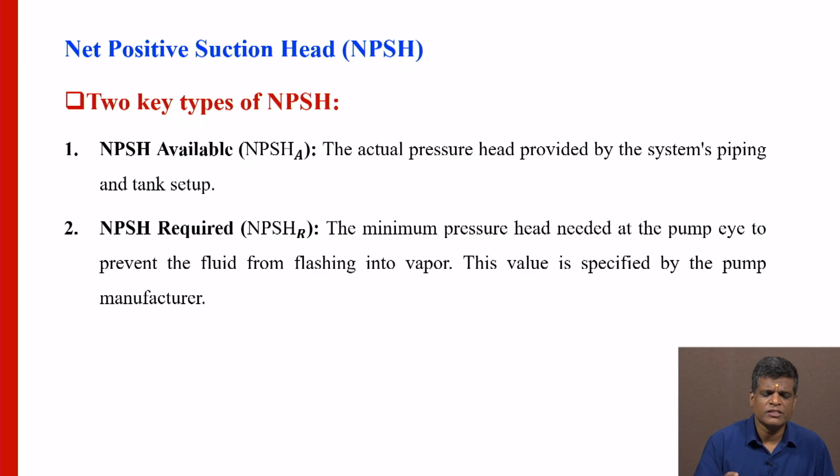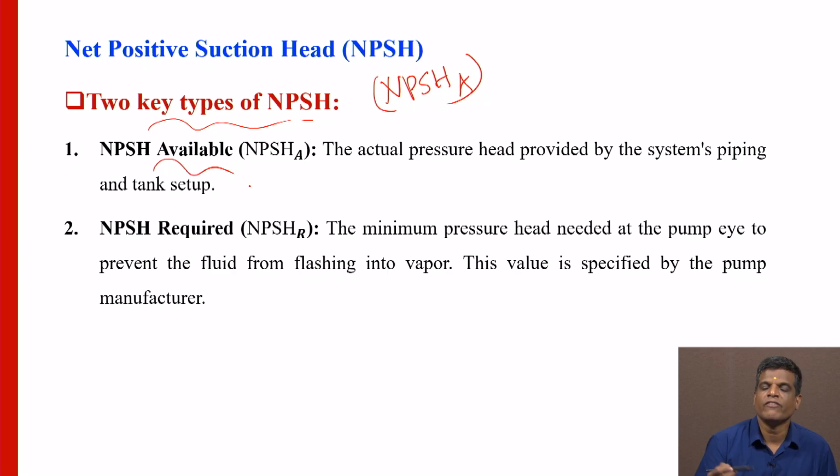The two key types of NPSH are very important. One is called NPSH available, net positive suction head available. The other is net positive suction head required. Available is the actual pressure head provided by the system in the piping or tank setup.